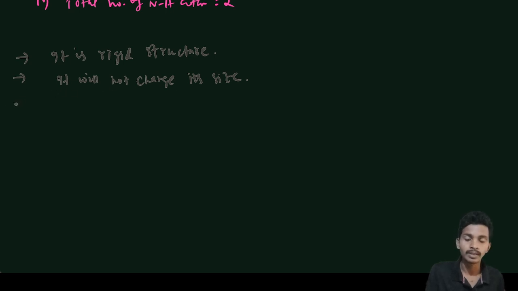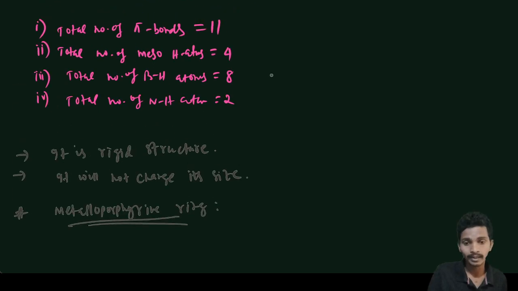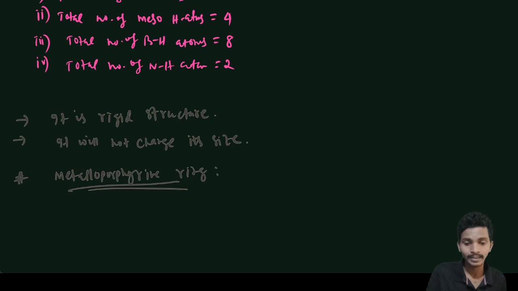And we'll discuss one another point, that is the metalloporphyrin ring. Okay, so what is this metalloporphyrin ring? In this porphyrin ring, one cavity is there. When in this cavity, if metal is attached, then that is called the metalloporphyrin ring.